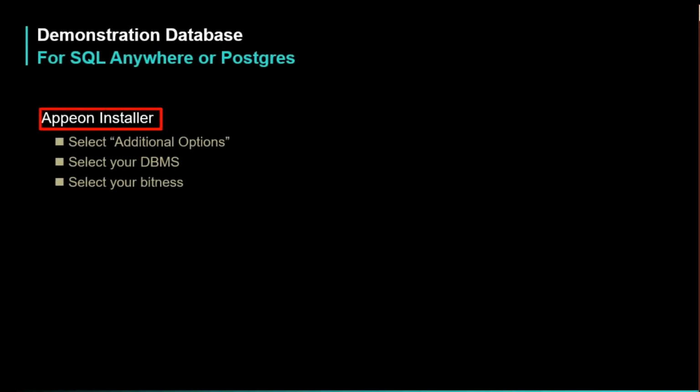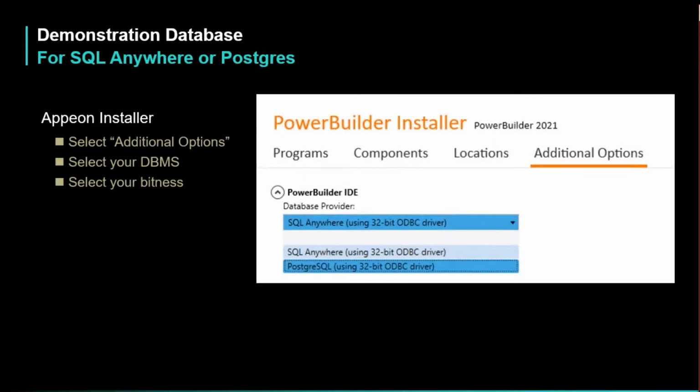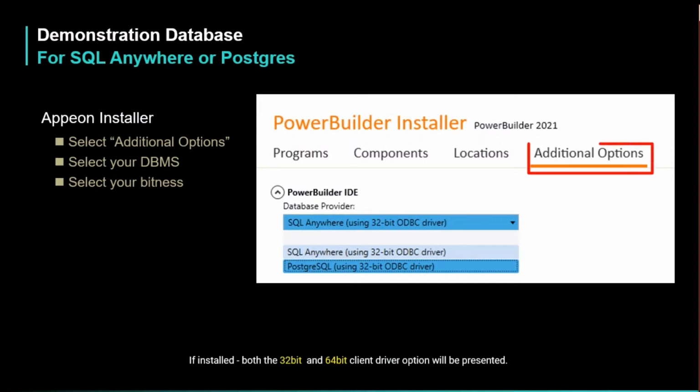For SQL Anywhere or Postgres, select Additional Options, select your DBMS, and then select your business. This is done in the Installer. So when you run the installer, you'll see, for example, that there's an extra tab page on the far right-hand side. This is where you can say, yes, I want to have that demo database installed.